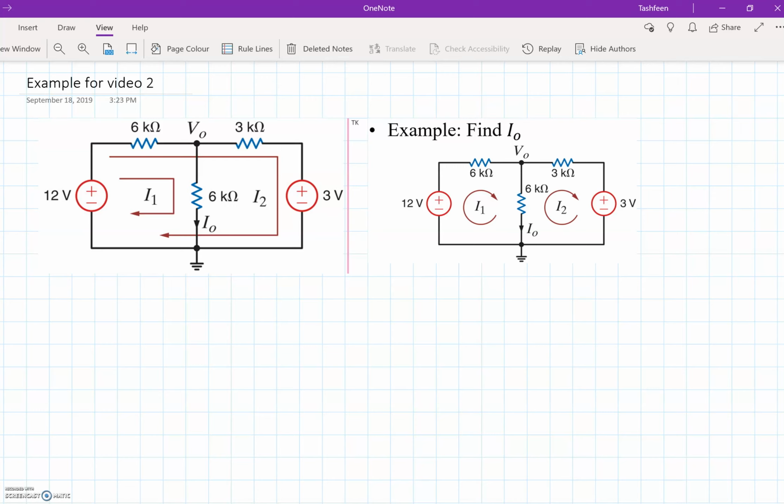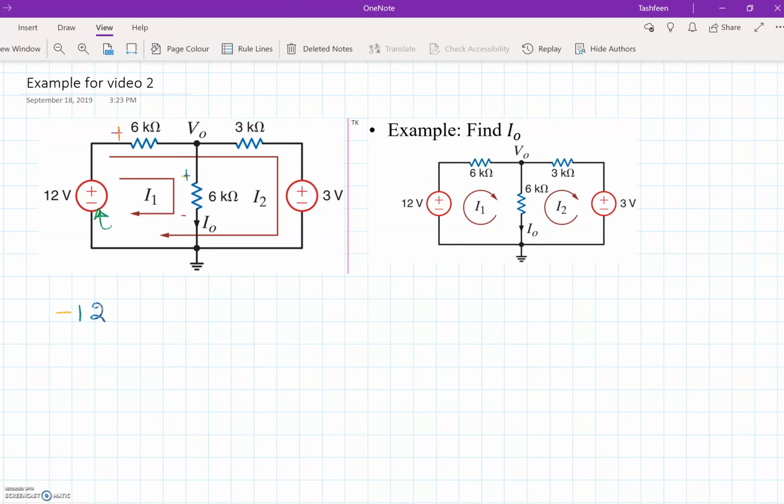And let's see, we do it with this example and compare our results with the method that we did differently here. Okay, so let's see. I take loop 1, I1, which is a fictitious current of this loop, and I start from here, and I know that I'm entering the negative terminal of 12 volts, so I can write negative 12. Then I can take the passive sign convention as well.